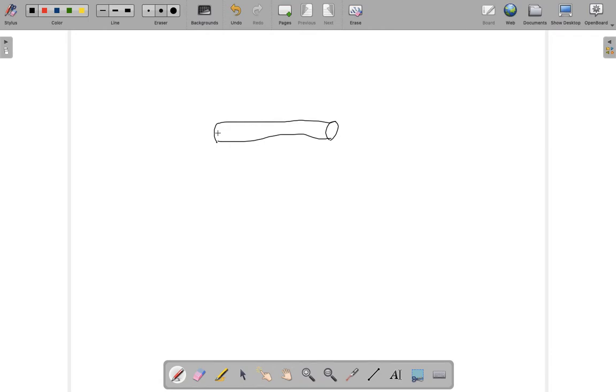And you have an electron moving from here all the way down to there. Now the potential difference across this wire will be given by the work done over the charge that's transferred, which in this case is 1 electron.